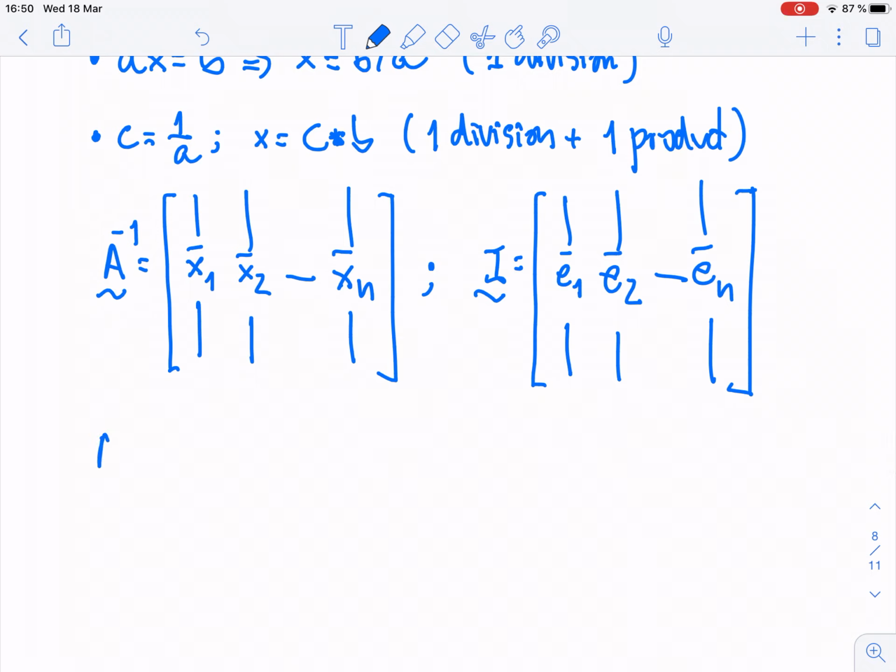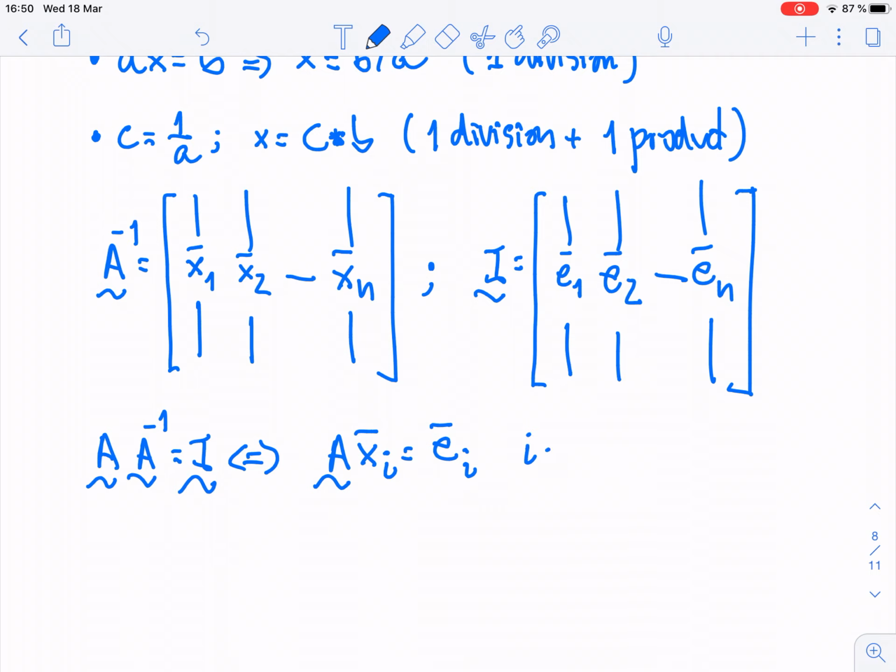So, obtaining A inverse such that A times A inverse equals the identity is equivalent to solving these n linear systems, A xi equal ei, for i from 1 to n.